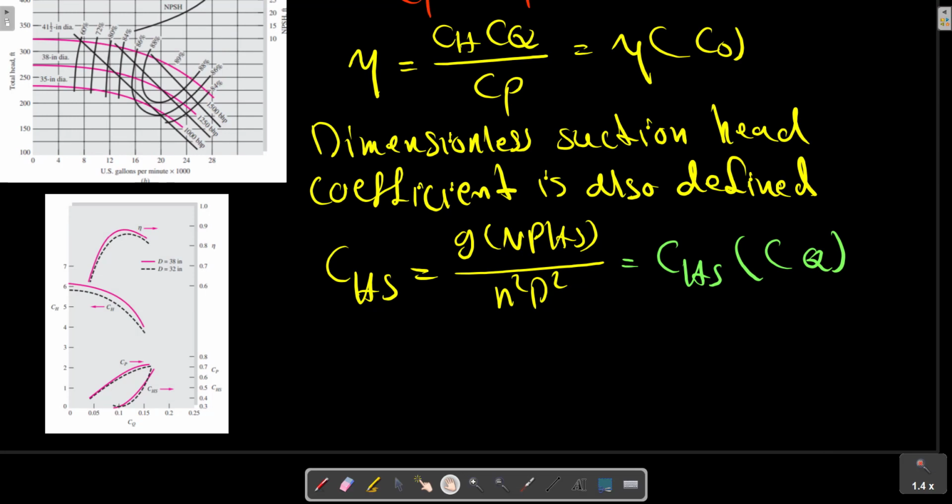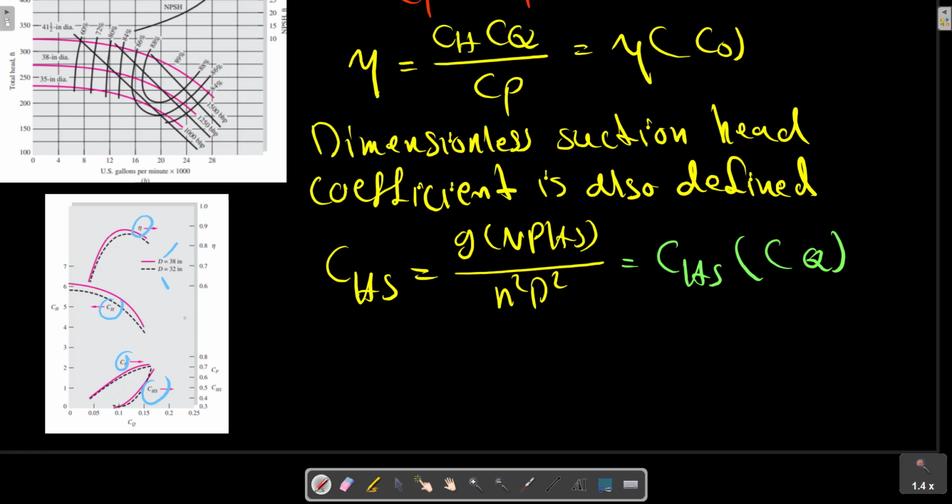The non-dimensional data are then plotted in this picture: eta, CH, CP, and CQ for the two diameters of pump.